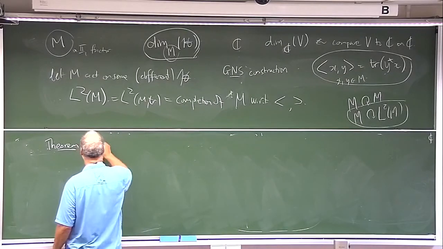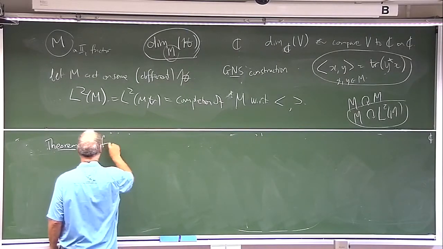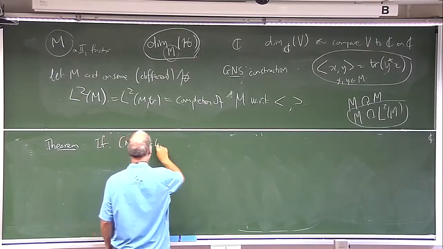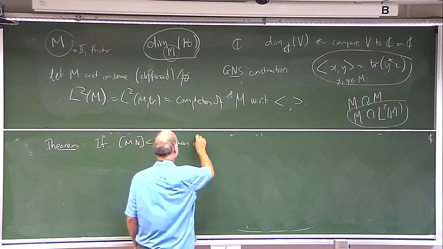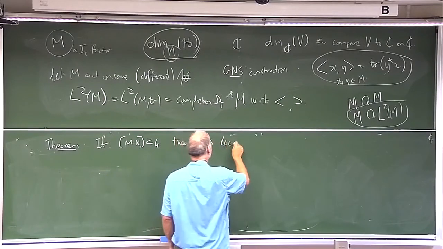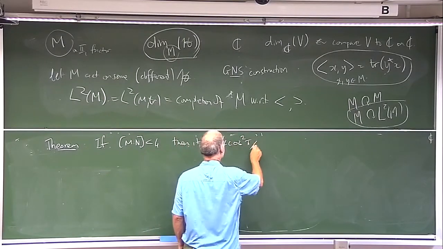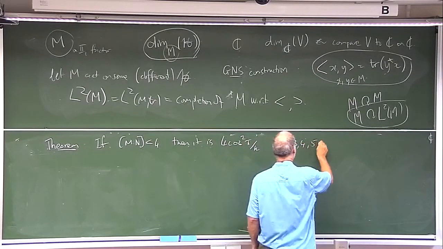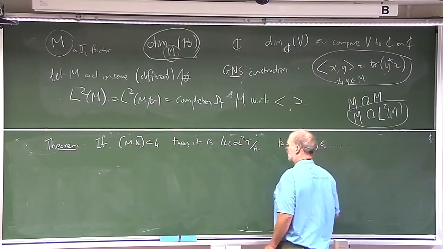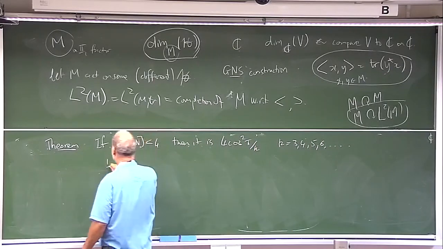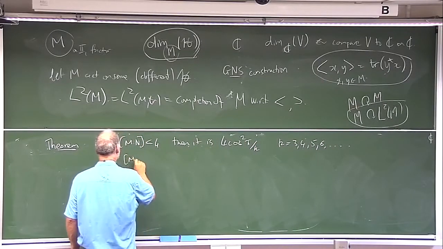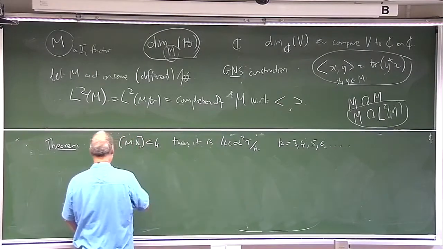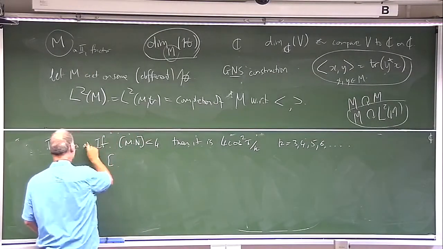The theorem says that if the index is less than 4, then it's 4 cosine squared pi over k, for k equals 3 to infinity. And if it's greater than or equal to 4, there's no restriction.